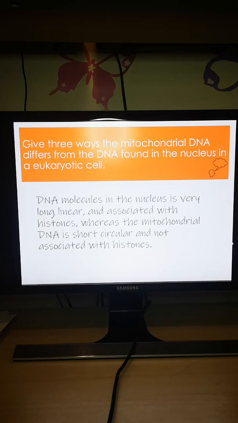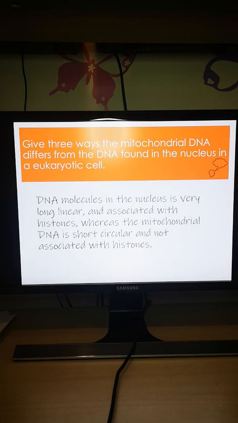So let's have a look at this student response. How well do you think they've done? They've said DNA molecules in the nucleus are very long, linear, and associated with histones, whereas the mitochondrial DNA is short, circular, and not associated with histones. So actually, they've done a pretty good job of picking 3 things that they have contrasted that are different.